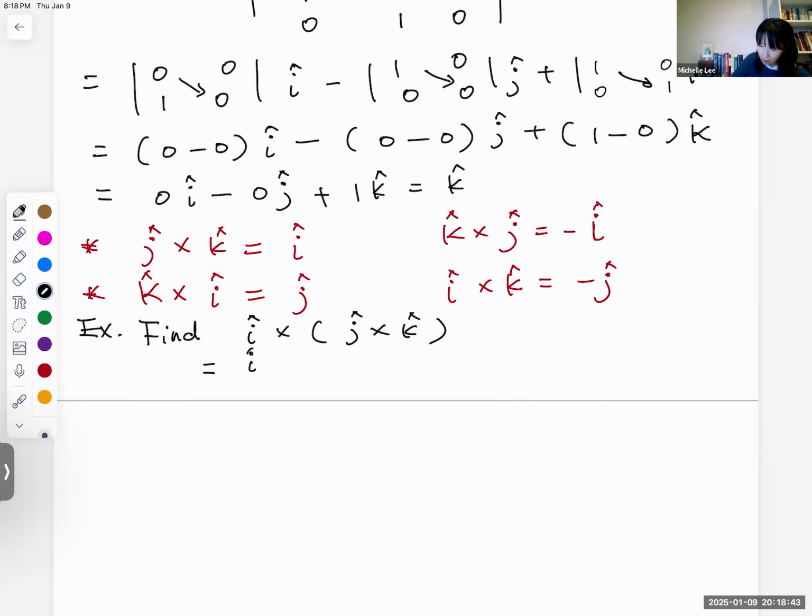So we have I there, cross product with, what is this? Good job, it's I, right? Because J cross product with K, the other one is I, we don't see that, so I is there, right? And then the same cross product with itself, then we get the zero vector. Good job.